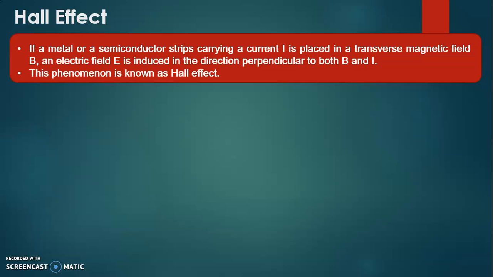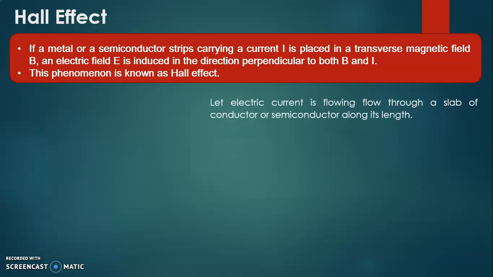Now, to obtain the equation in the Hall effect, that is the equation of Hall voltage and Hall coefficient, we will consider that an electric current is flowing through a slab of a conductor or a semiconductor along its length L. So just see the diagram.